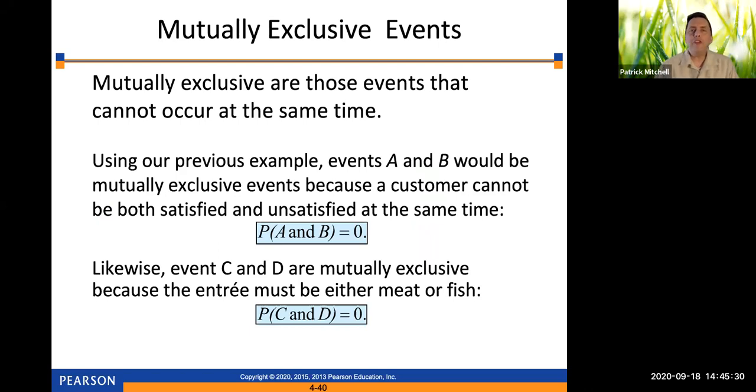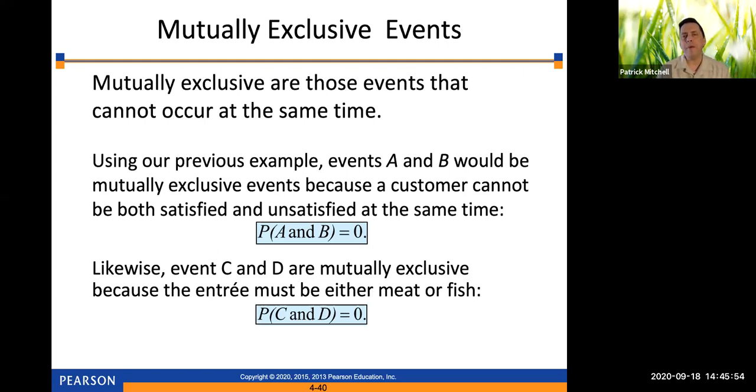So remember that mutually exclusive events are events that cannot occur at the same time. Using our previous example, events A and B, which are customer is satisfied and customer is not satisfied, they would be mutually exclusive events because a customer cannot be both satisfied and unsatisfied at the same time.